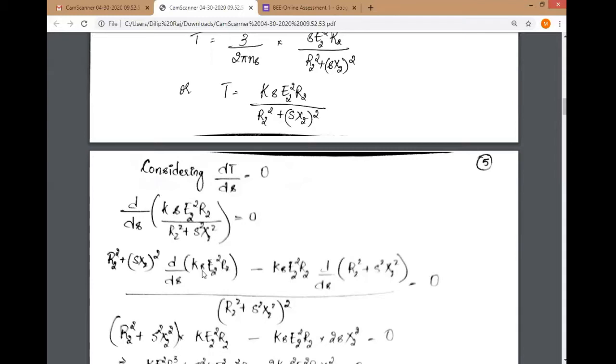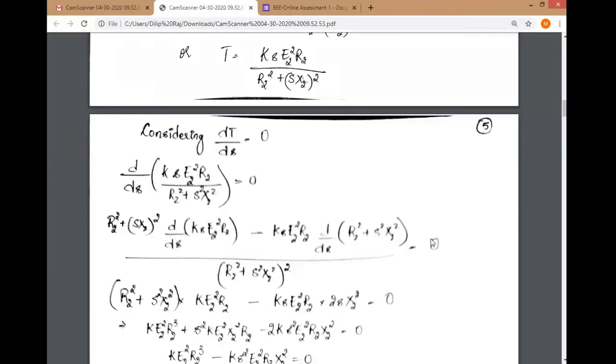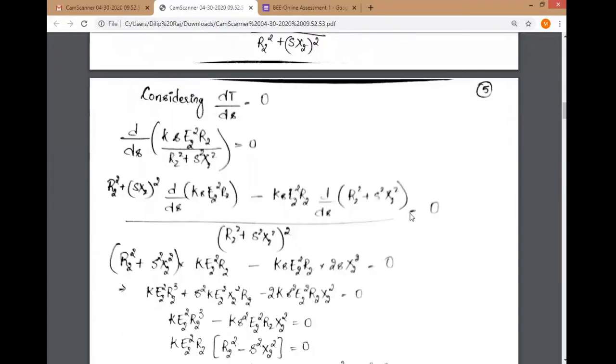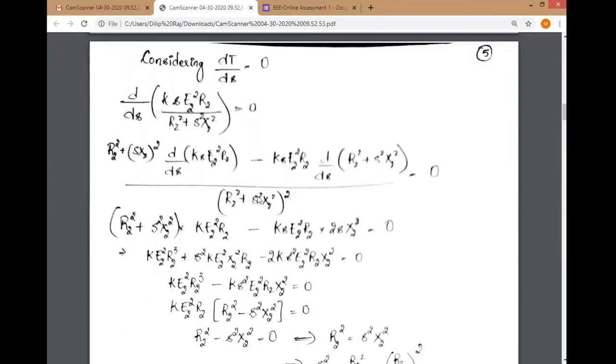That is nothing but denominator into differentiation of numerator minus numerator into differentiation of denominator, over denominator square, which is the u by v rule for differentiation, equal to 0. In RHS we have 0. Because in RHS we have 0, whatever is the denominator, when we cross multiply to the other side, it becomes 0. That is how the denominator gets eliminated.